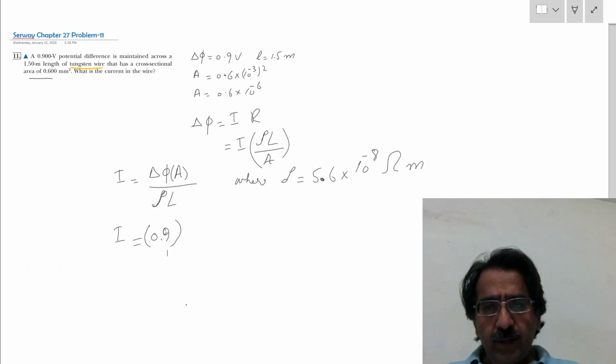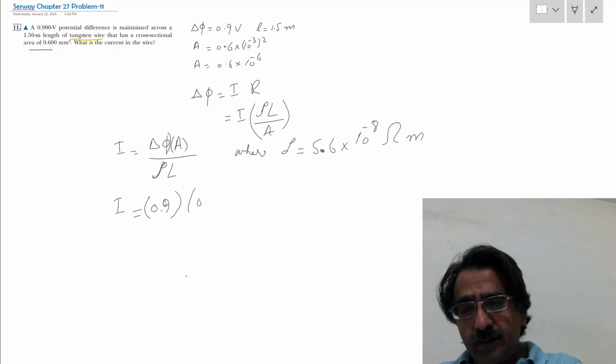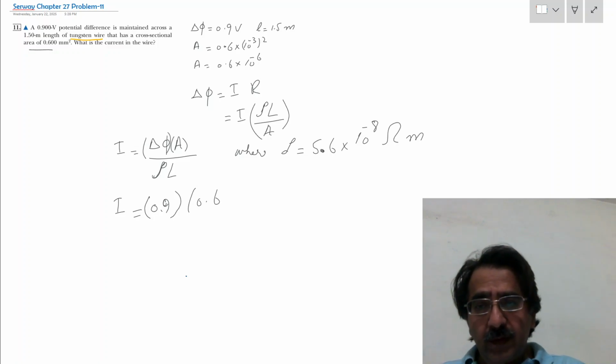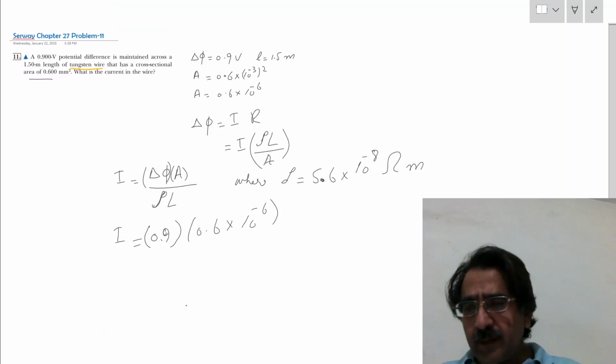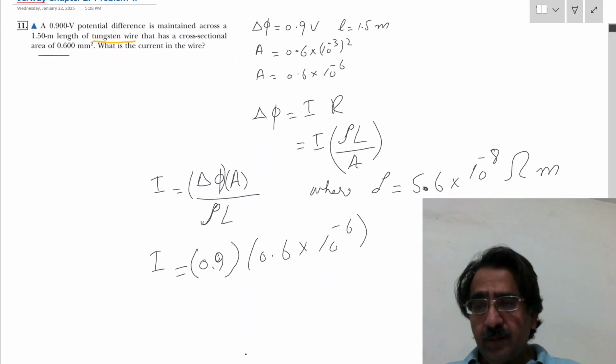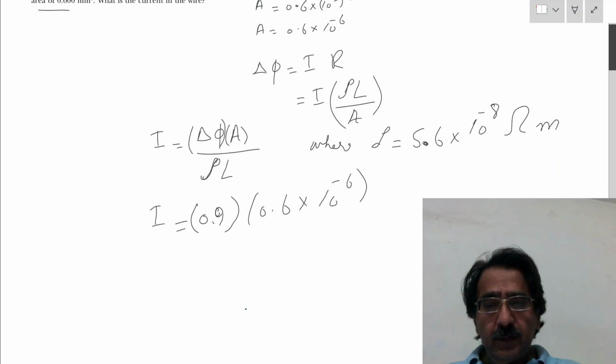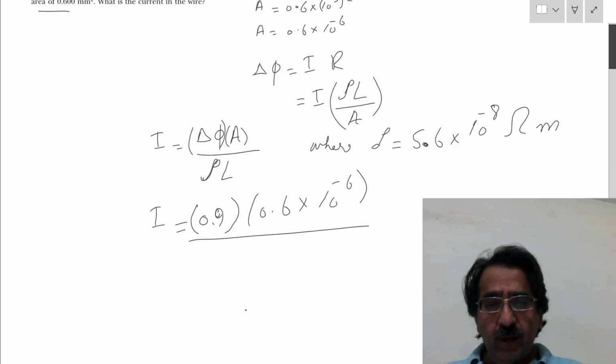Delta phi is 0.9, and A is 0.6 times 10 raised to power minus 6 square meter, because that was 0.6 square millimeter. And rho is 5.6 times 10 raised to power minus 8.